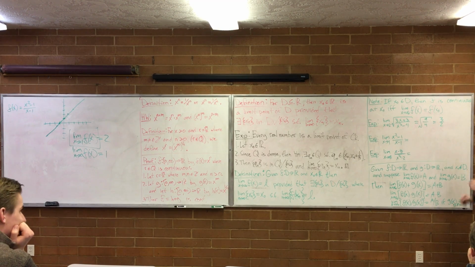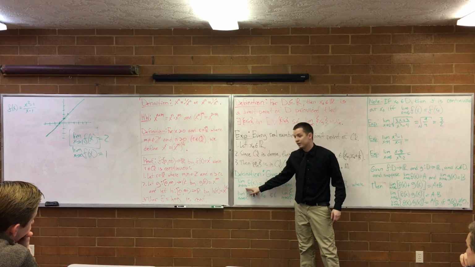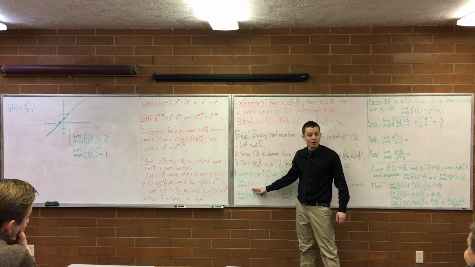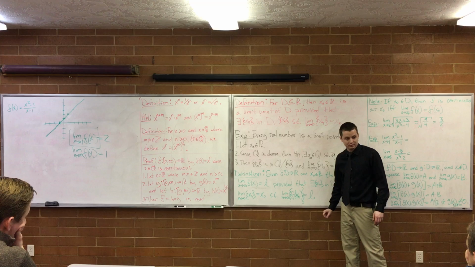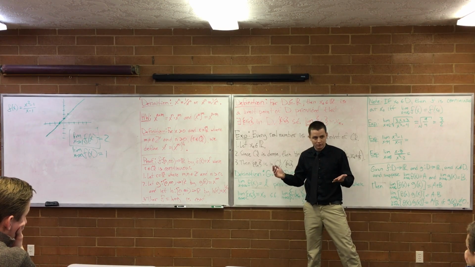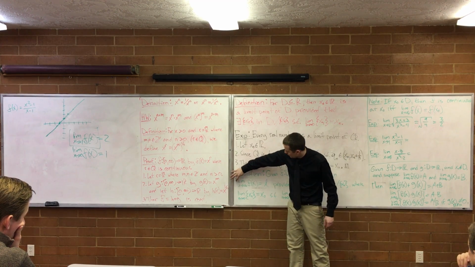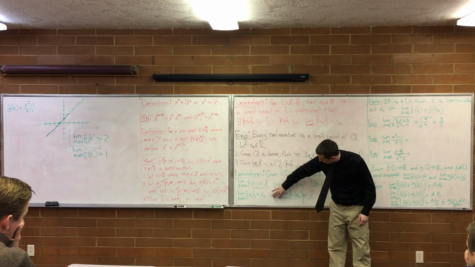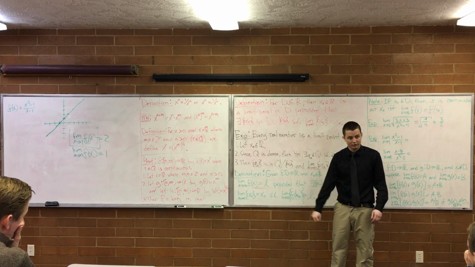And so you can go back and forth between taking the limit as x goes to x naught of f of x, or taking the limit as n goes to infinity of f of xn. You can go back and forth between thinking about these ways, whatever floats your boat. Just make sure you do your limit correctly for however you're doing it. Are you doing the limit as x goes to x naught, or are you doing the limit as n goes to infinity, where you're dealing with xn, and xn converges to x naught?